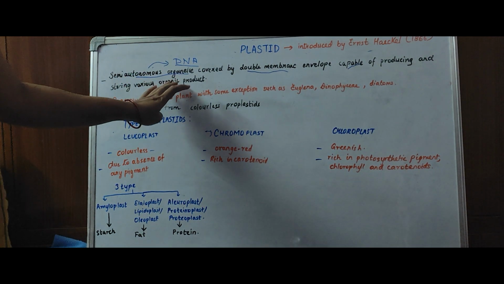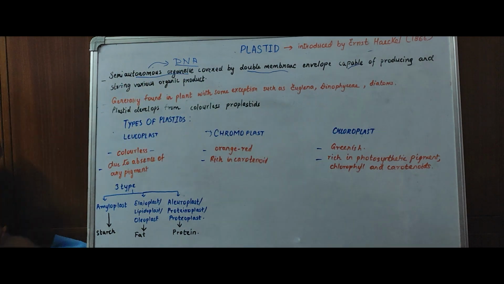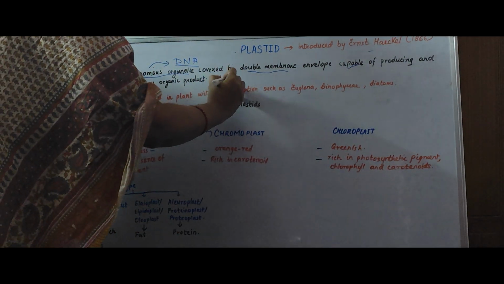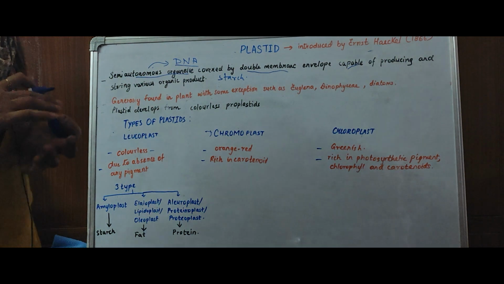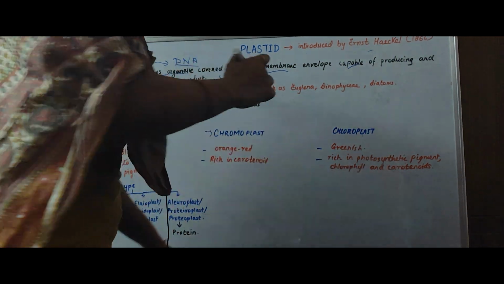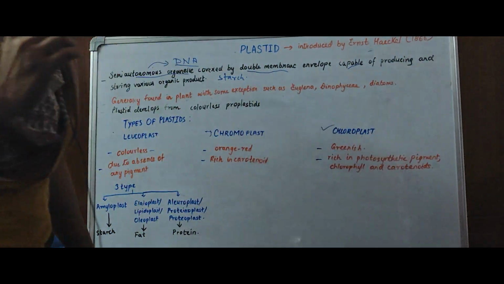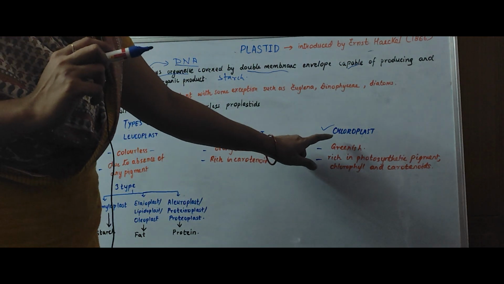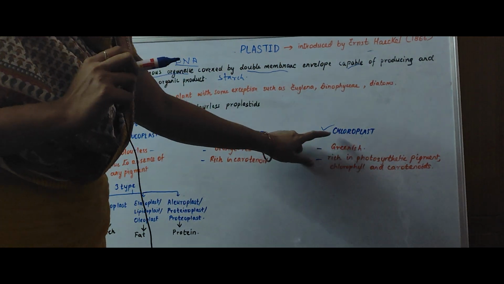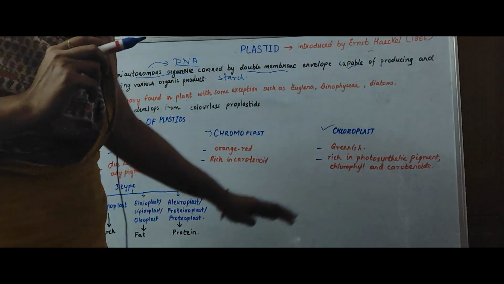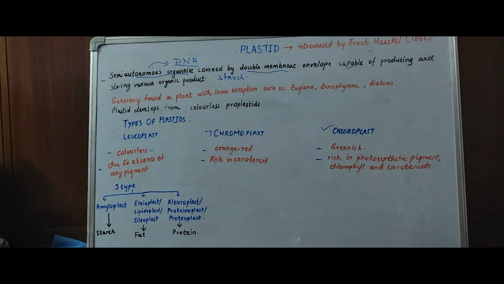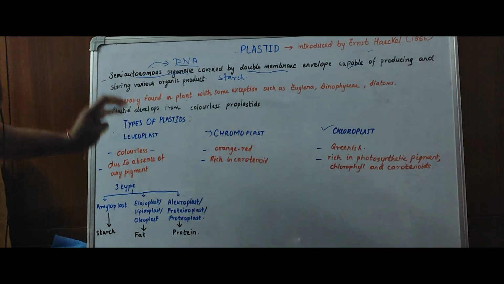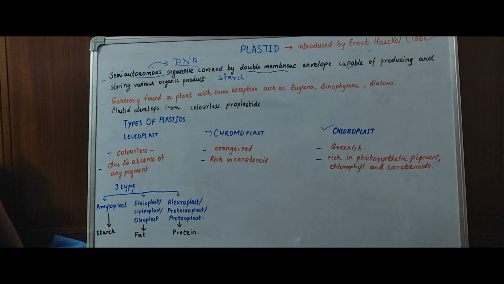From here, this organic product we refer to as starch. Chloroplast is involved in photosynthesis. The synthetic process will occur in chloroplast, as it contains chlorophyll, so it is going to produce carbohydrate. So they are capable of producing and storing various organic products.